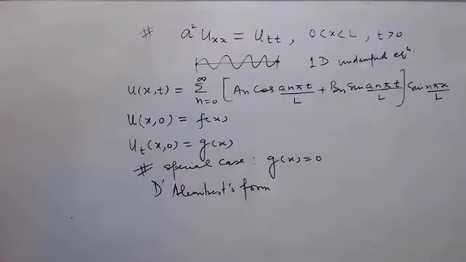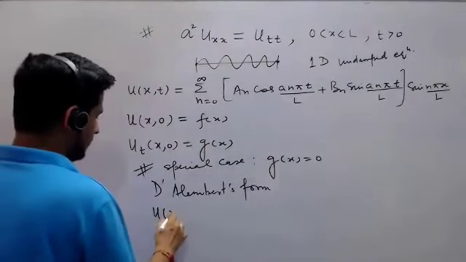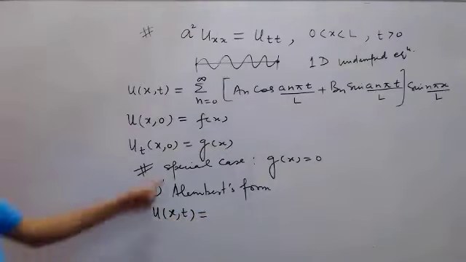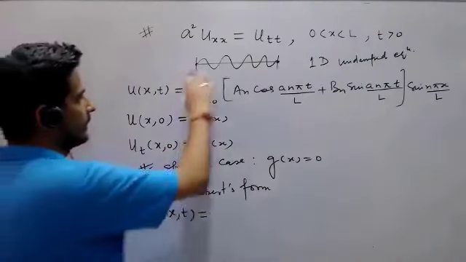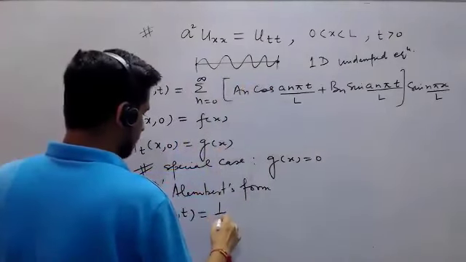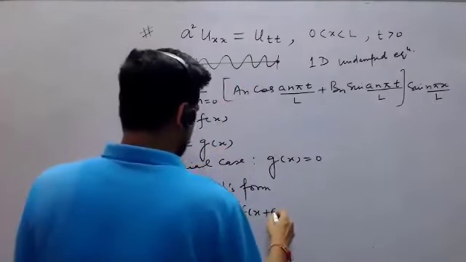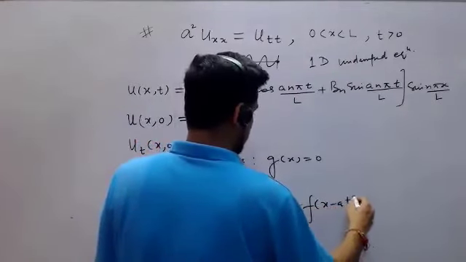D'Alembert's form says that u of x comma t can be written directly if f of x is known and g of x is not known. For this particular case, it will become half of f of x plus at plus f of x minus at.